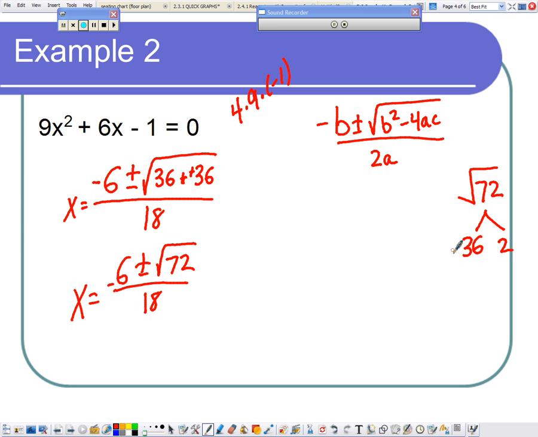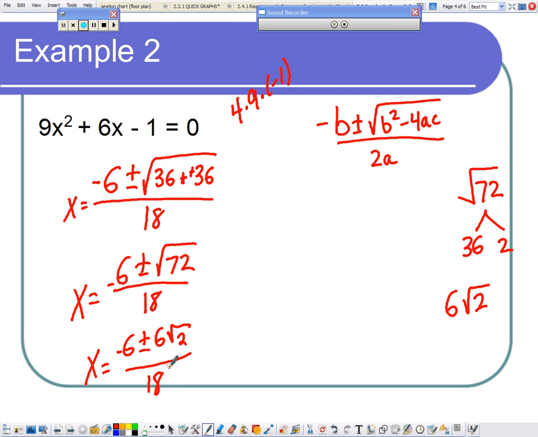Well, I can find the square root of 36. The square root of 36 is 6. Square root of 2. Okay? So I'm just going to break this up. X equals negative 6 plus or minus the square root of 6, square root of 2, all over 18. Okay?